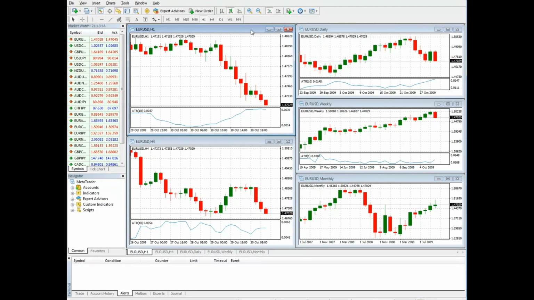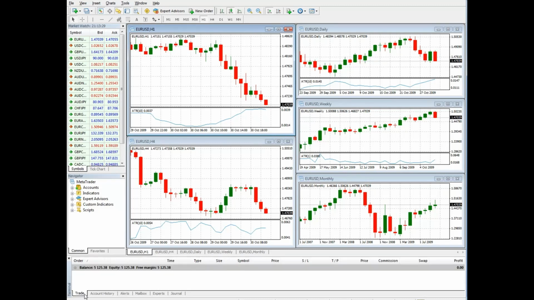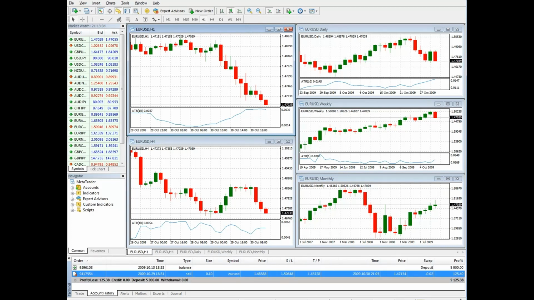And basically, your objective is to learn to control risk, which is what you've seen in this particular example. And there's probably no one that's jumping up and down about making $125 for certain.